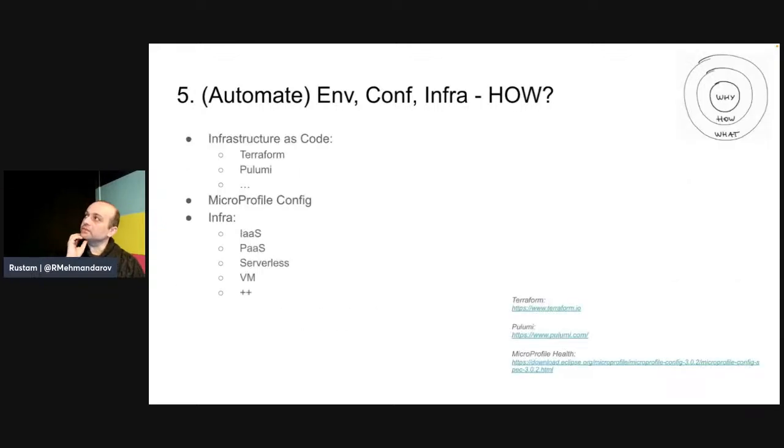Okay, so there's a lot of things here, so we need to separate them a little bit. For environments and infrastructure and stuff like that, we're talking about infrastructure as code. There are different tools. Typically at least two I can mention here: Terraform and Pulumi.